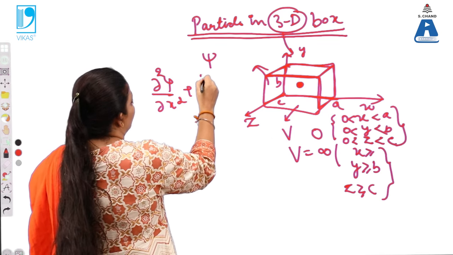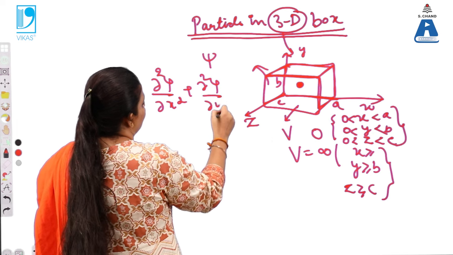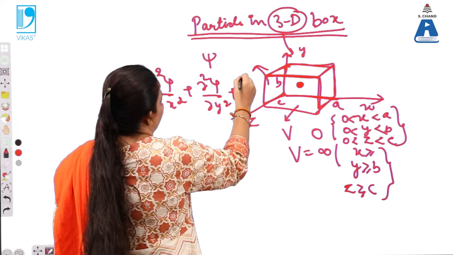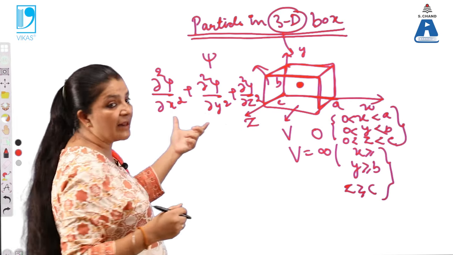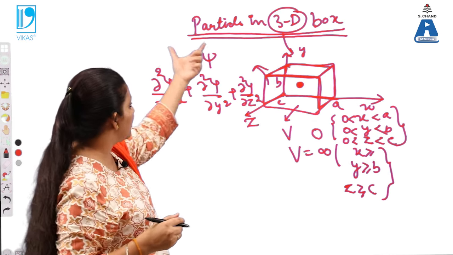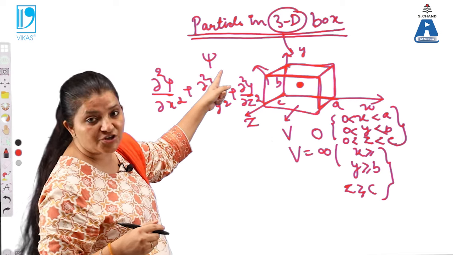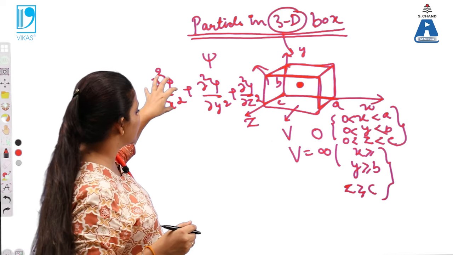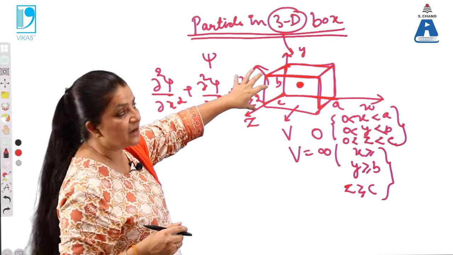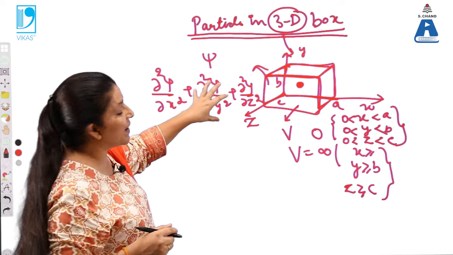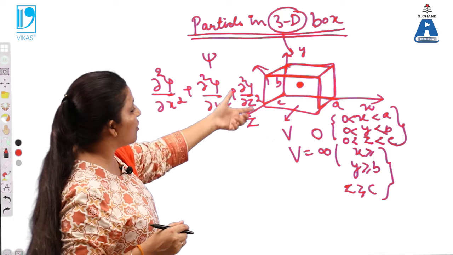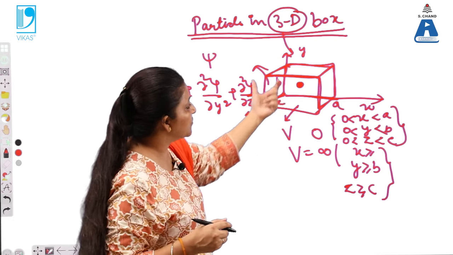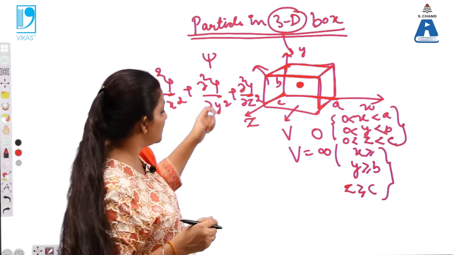Firstly we will write the del operator. This is known as the del operator, which shows the variation of the wave function in three dimensions, for the x-axis, y-axis and z-axis. This is one part of the Schrodinger wave equation which shows the variation of the matter waves associated with the particle in the 3D box.